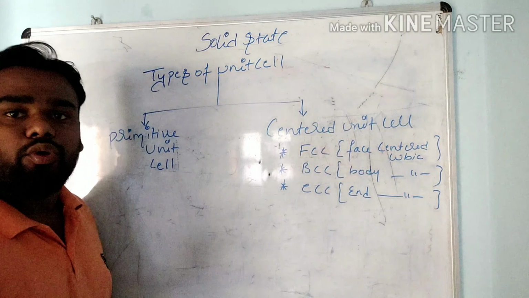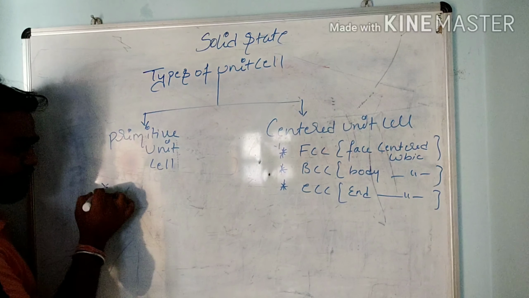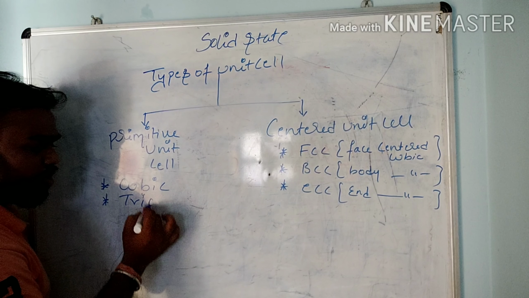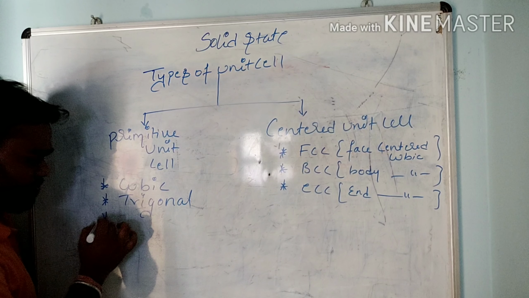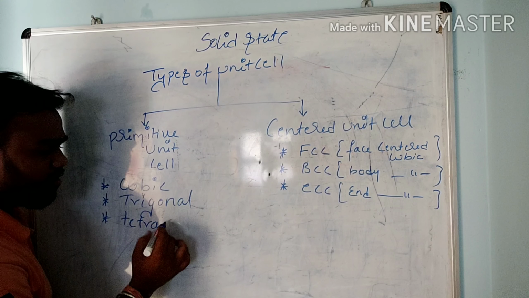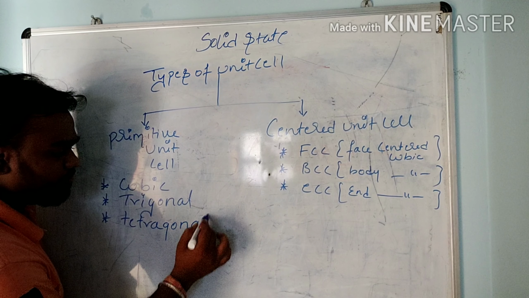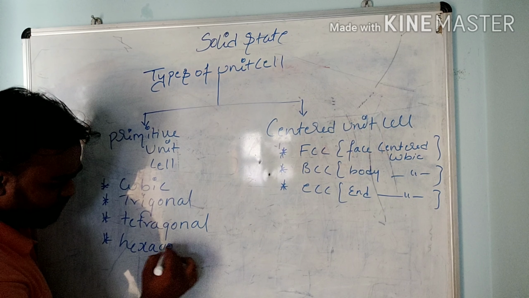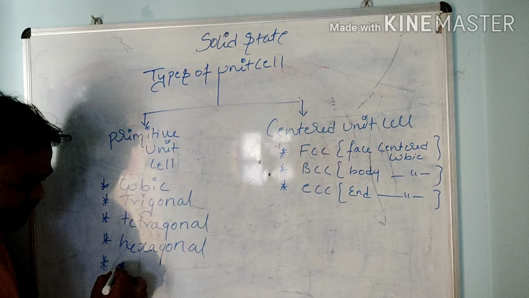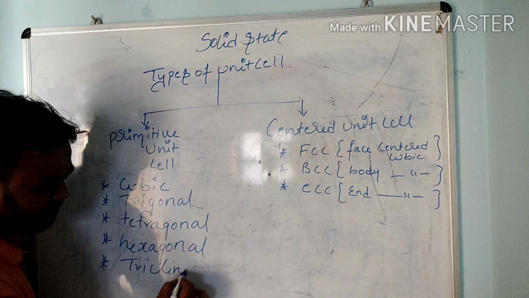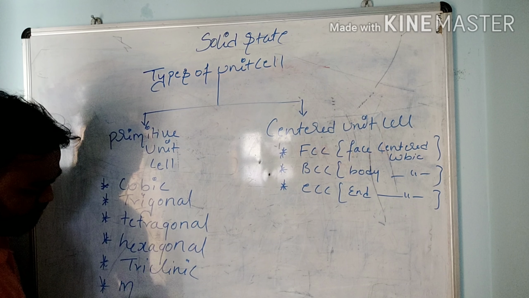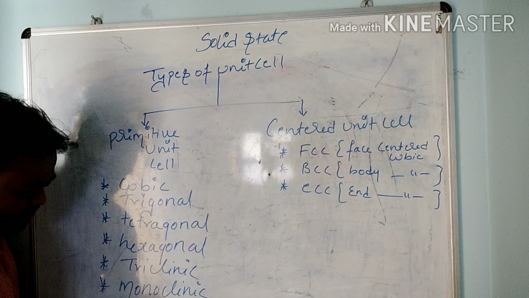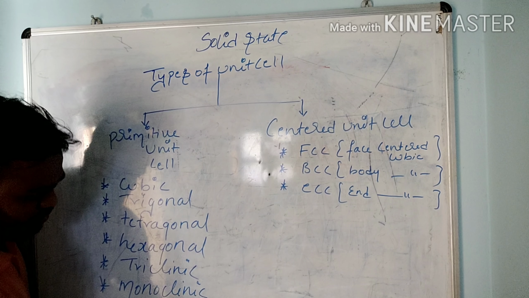Similarly, the primitive unit cell is classified into 7, that is cubic, trigonal, tetragonal, hexagonal, triclinic, monoclinic, rhombic.